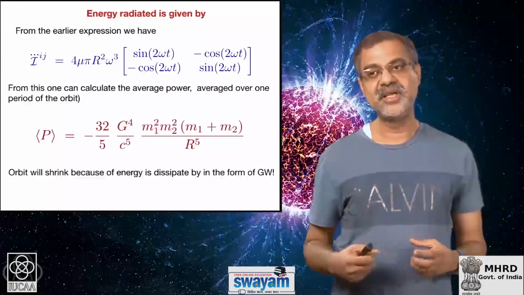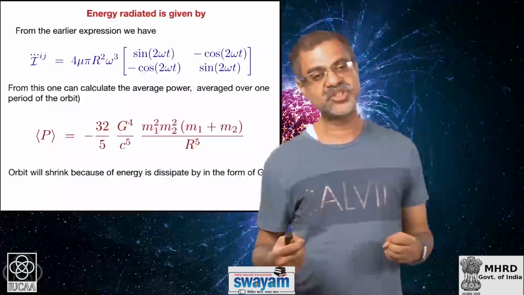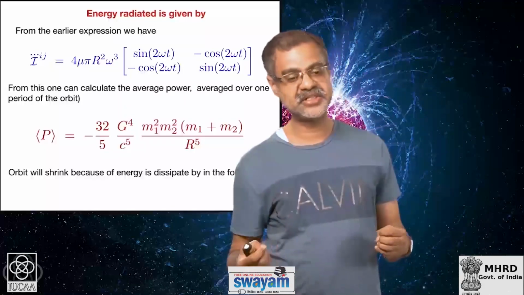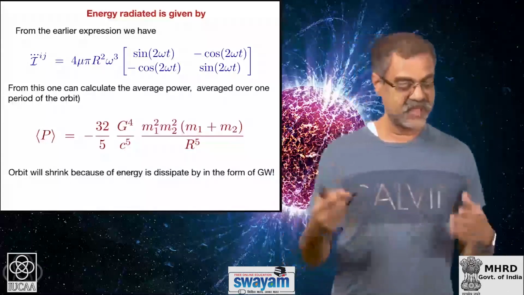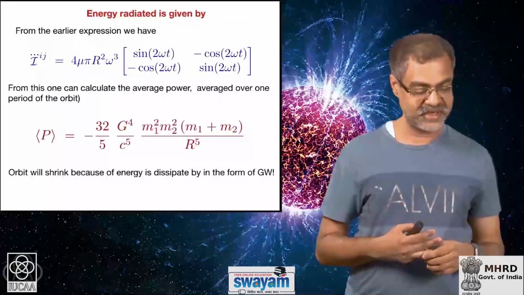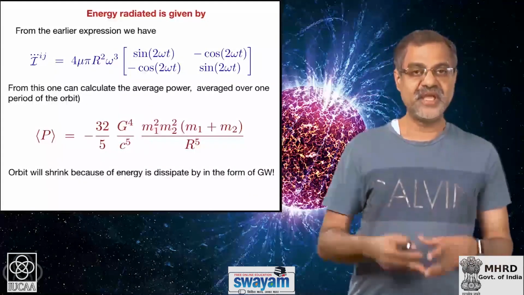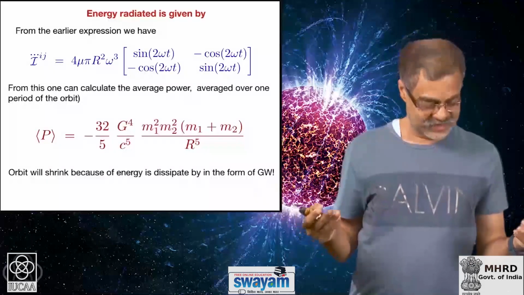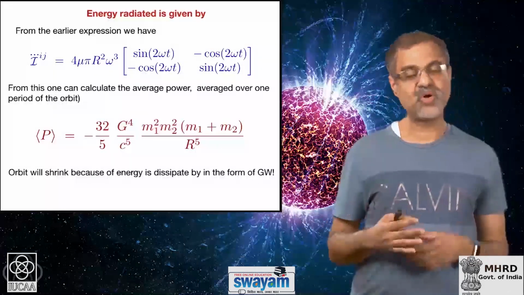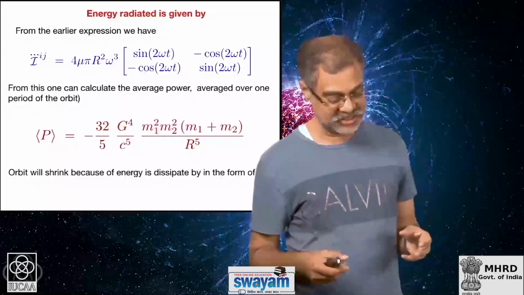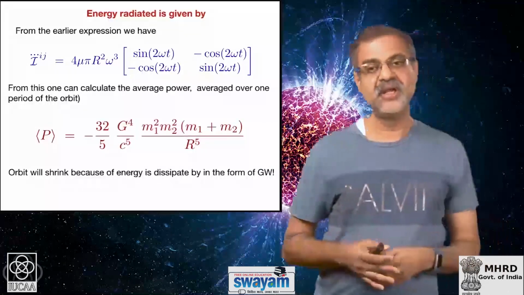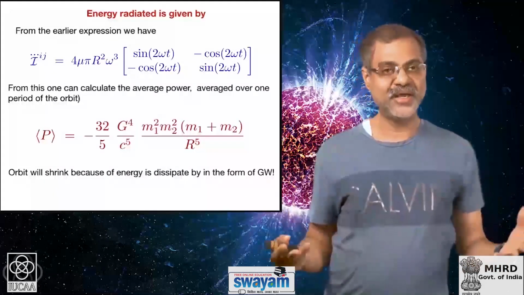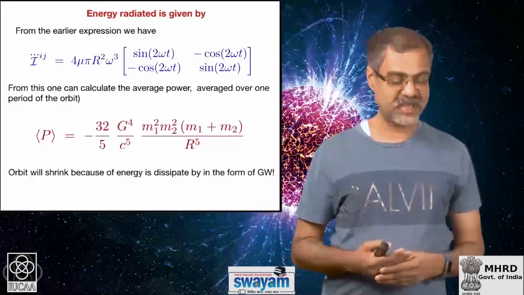This power is coming essentially at the cost of orbital energy and orbital angular momentum, which are emitted in terms of radiation. When the energy is emitted, the system becomes more and more compact, that means it essentially shrinks. The more energy emitted, the more tightly bound the system becomes.